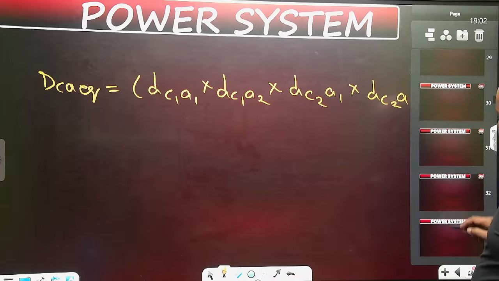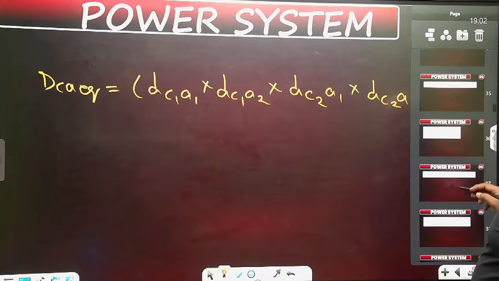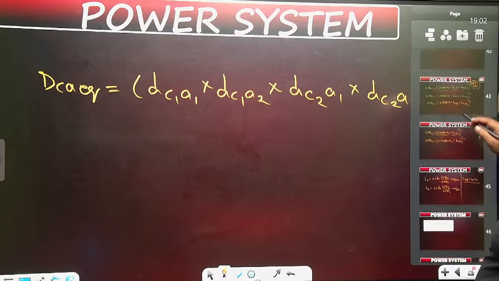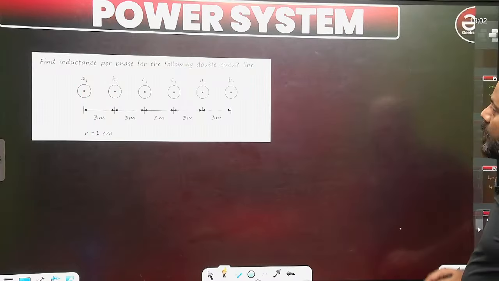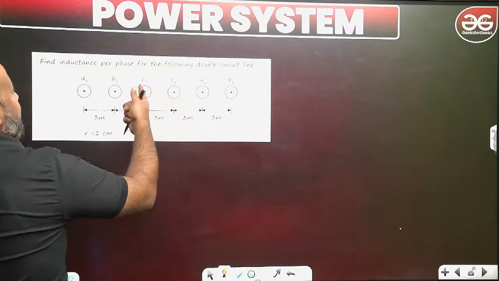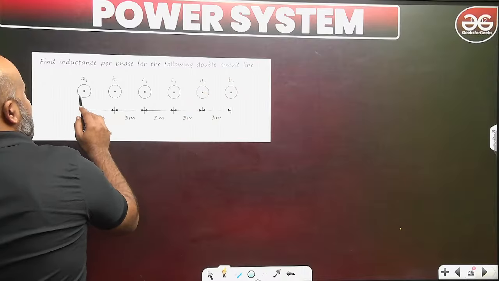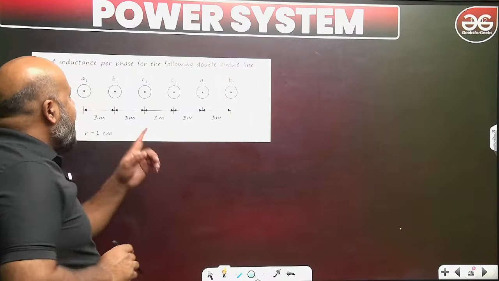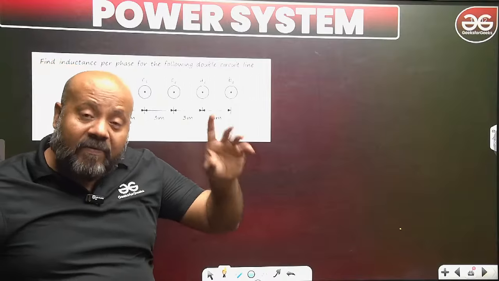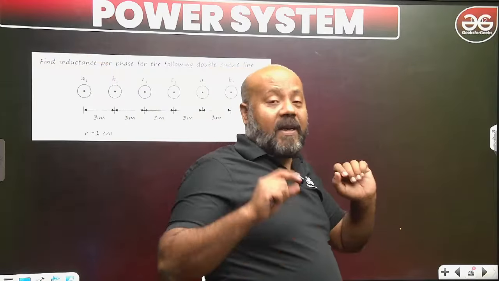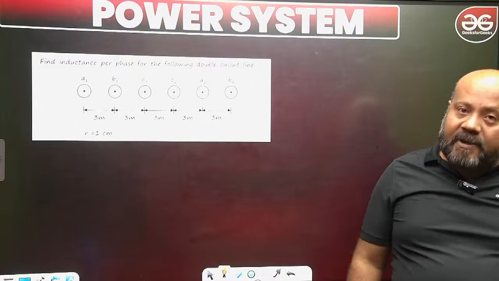So let me show you this question. You may get this type of question in your examination also. It is a double circuit line. It asks to find the inductance per phase of the following double circuit line: A1, B1, C1, C2, A2, B2. Here A1, A2 belong to the same phase, B1, B2 belong to the B phase, and C1, C2 belong to the C phase.